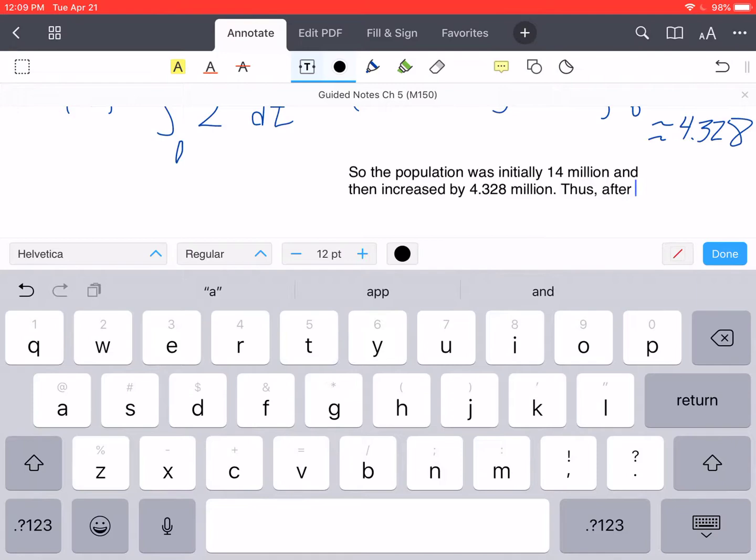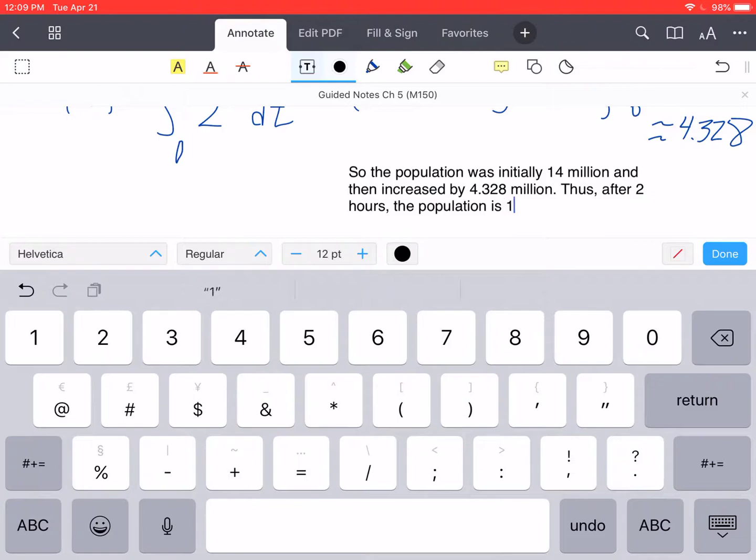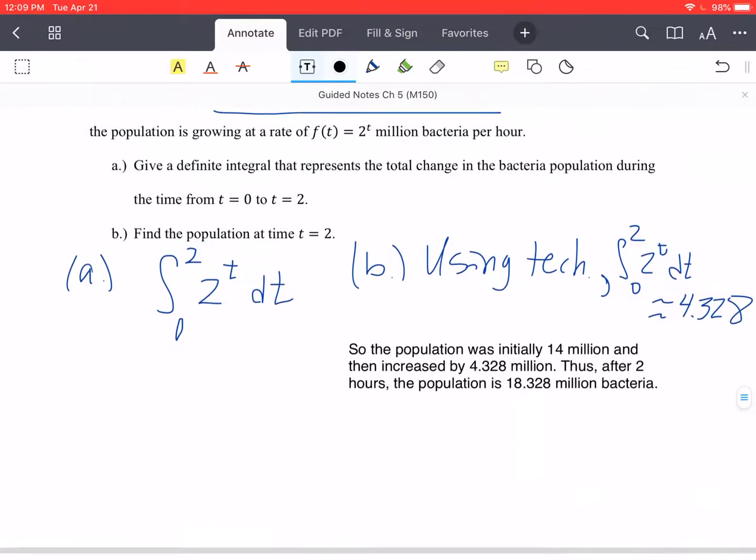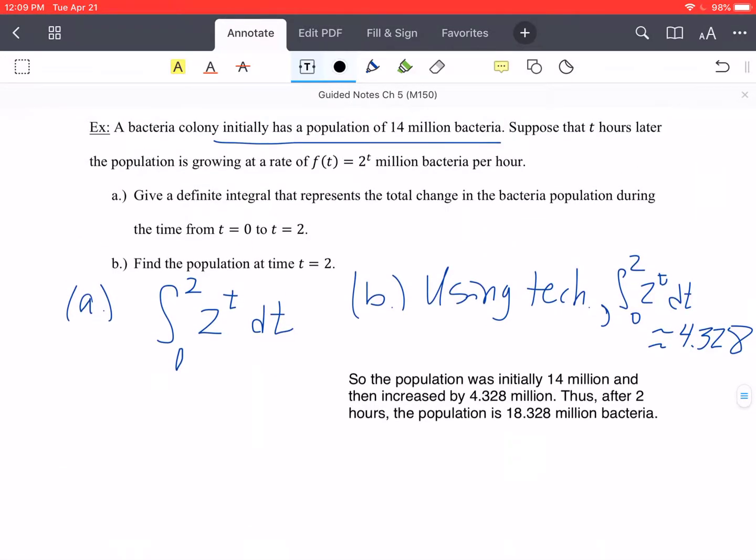Thus, after 2 hours, the population is 14 plus 4.328, so that's 18.328 million bacteria. Again, the integral gives us that total change, how much it increased or decreased from 0 to 2 hours.